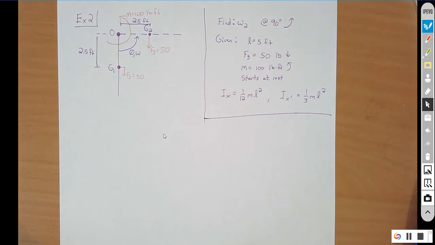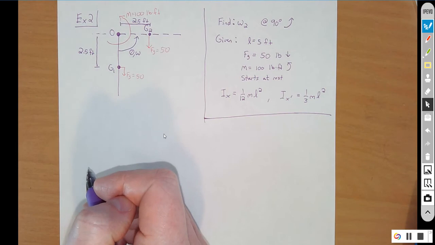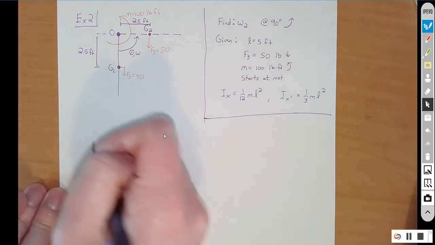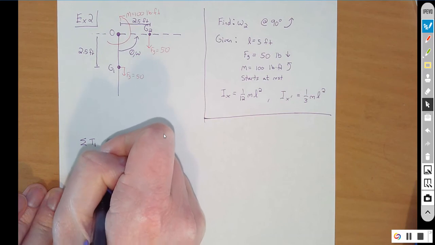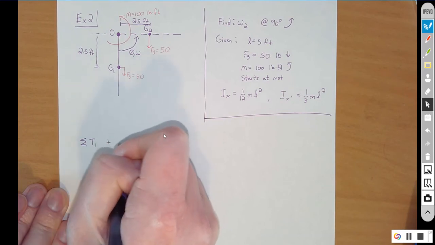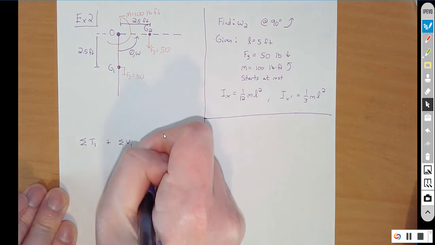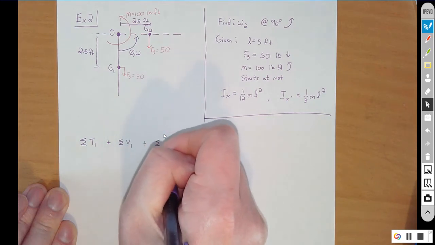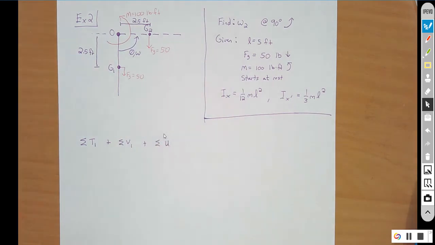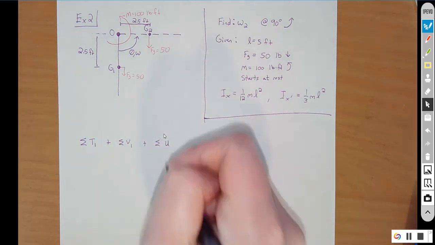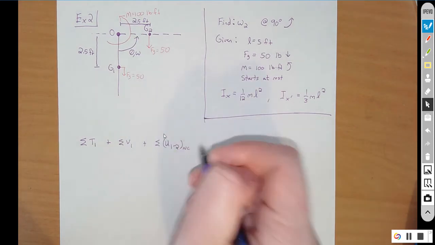Alright. So to get started, we're going to use conservation of energy. So that equation is sum of T1, which is kinetic energy at state 1, plus sum of V1, which is potential energy at state 1, plus sum of the work not conserved, so the work from state 1 to state 2 that isn't conserved.